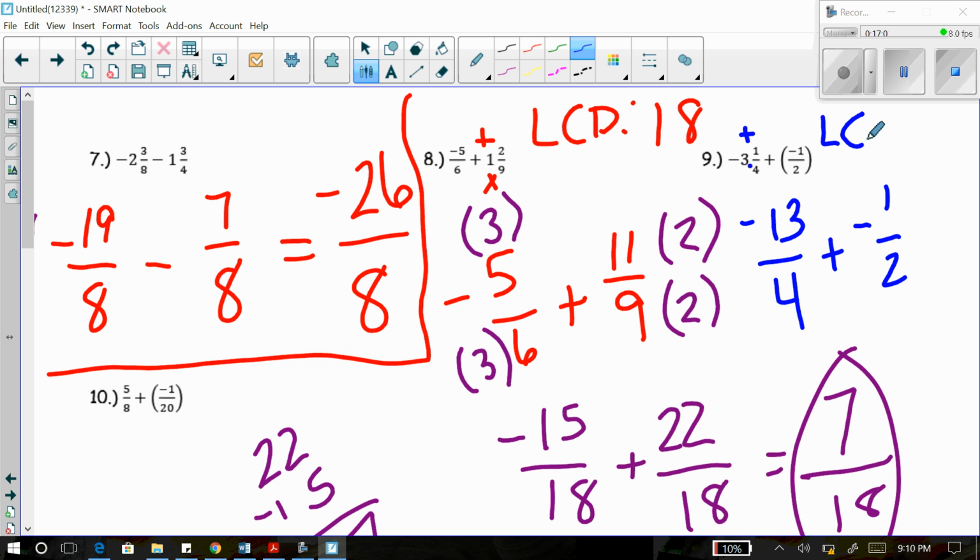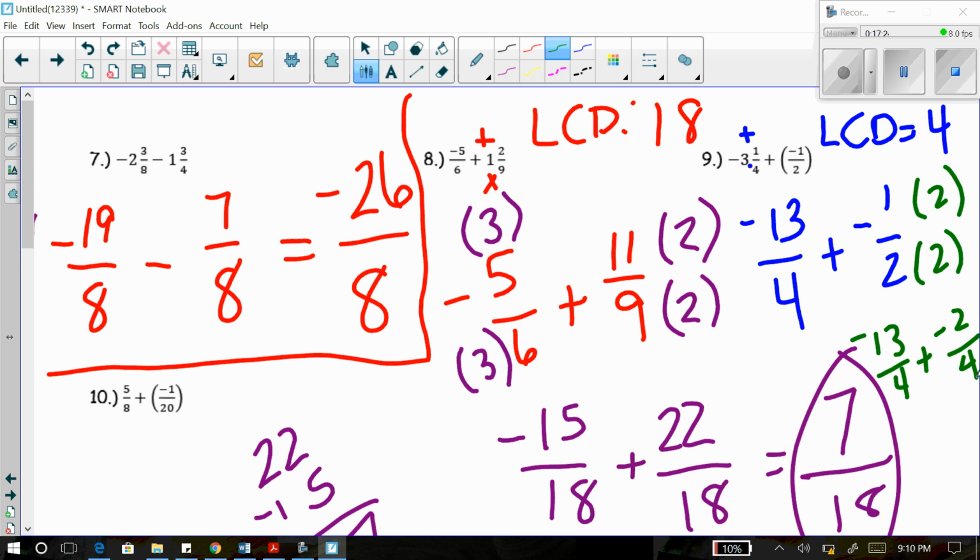Then we find our LCD, least common denominator, which is 4, the smallest number they both go into. Well, 4 is already a 4, so we leave it. 2 times 2 is 4. So we get negative 13 over 4 plus negative 2 over 4.